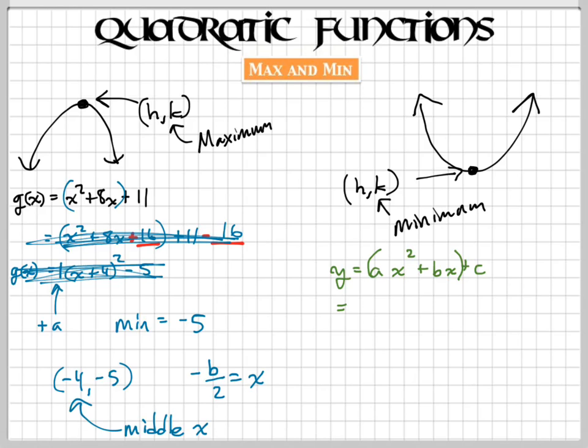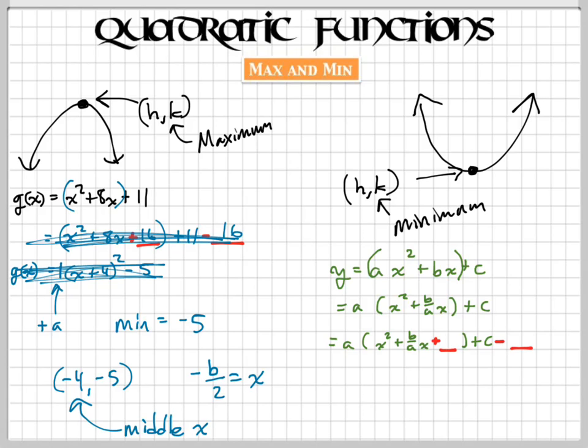We're going to take these two and take out the a. So we have x squared plus b over a x, because I divided, plus c. And then to complete this square, I have to have a plus blank, so let me write that out. x squared plus b over a x plus blank plus c.